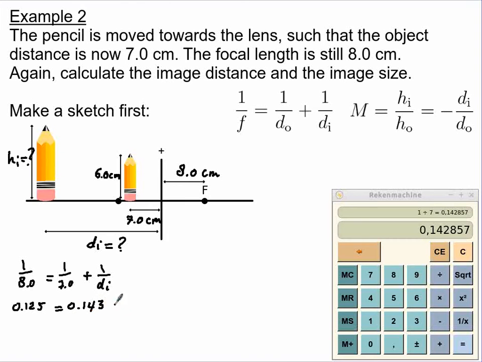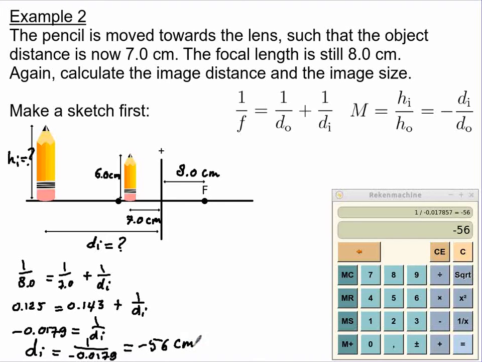And these figures are rounded off, but not in the calculator. We need to subtract the 0.143 from 0.125, and we'll end up with a negative number. Now the image distance equals minus 56 centimeters. And the minus indicates that the image is on the same side of the lens as the object.